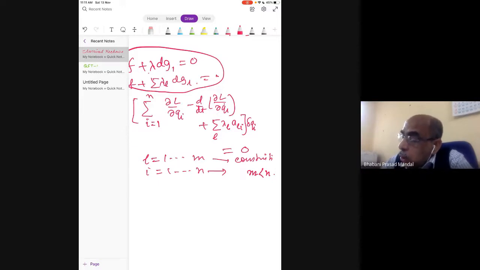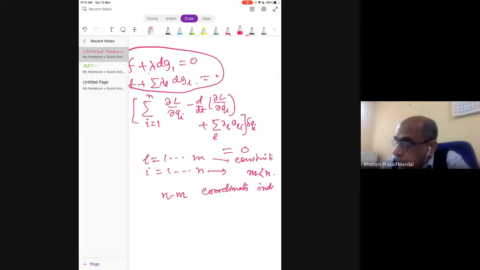Okay. So now these are all not independent, but because there are m constraints, n minus m coordinates will be independent.